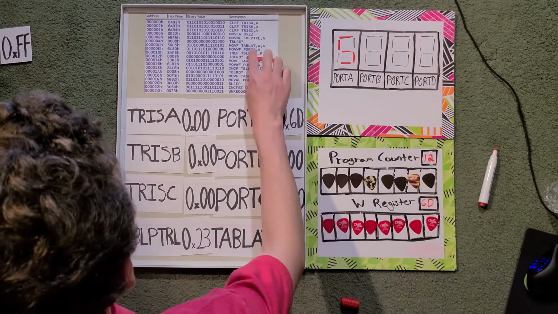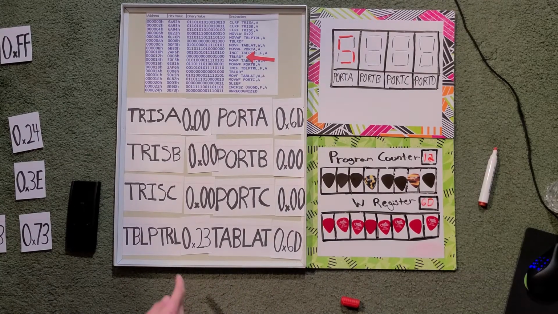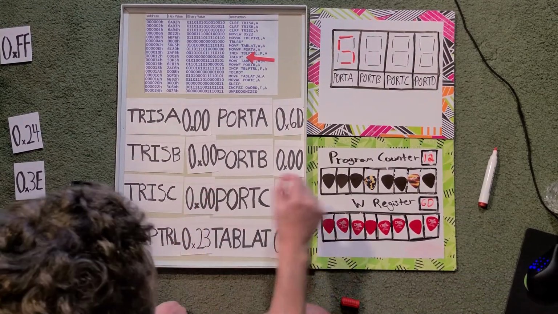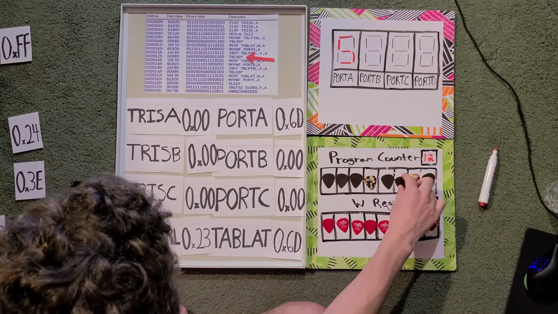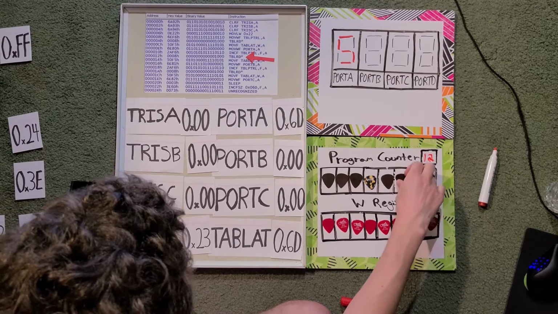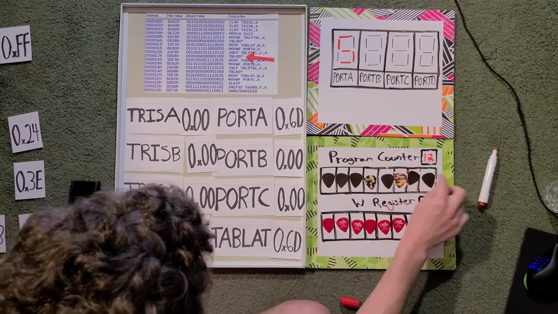Next step, we're going to point to the value of this address. Let's increase this here. 14. Program counter always increases every instruction.